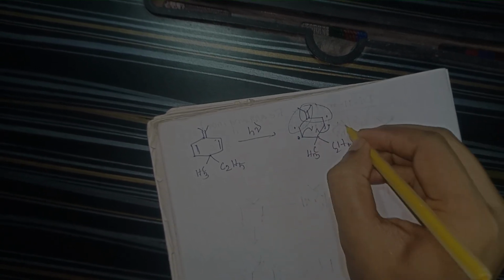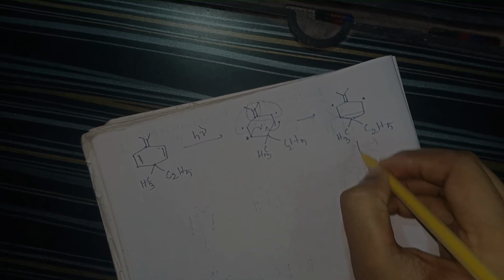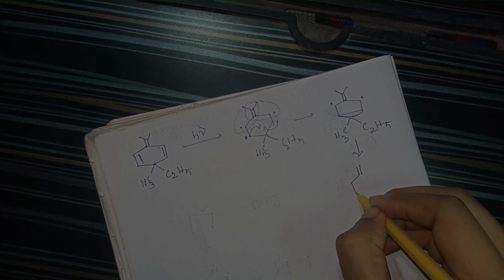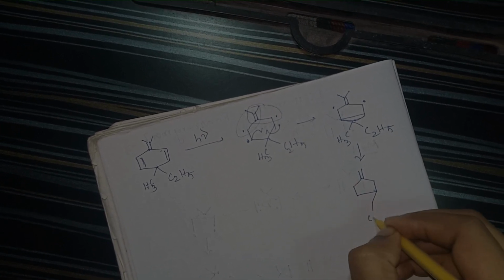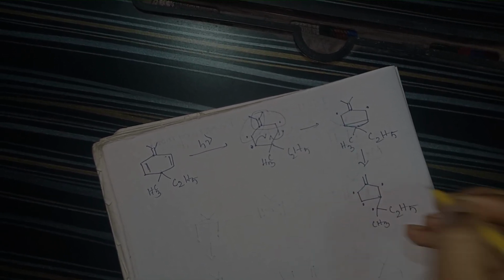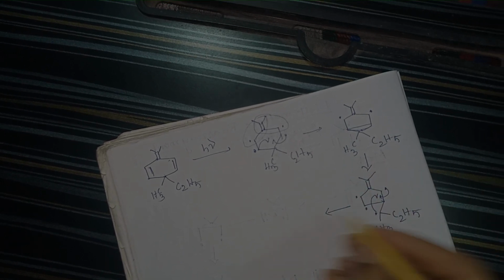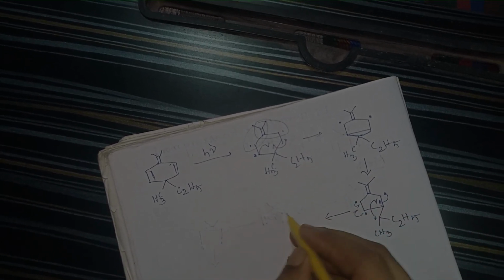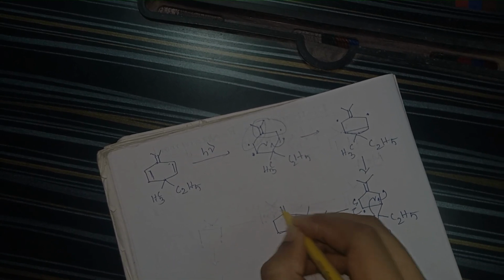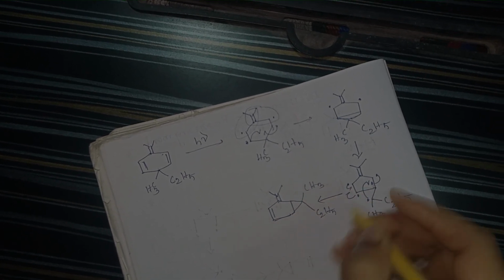These two radicals form a bond, so both sides are the same, so one of the bonds will break and turn into radicals. This is the major product.